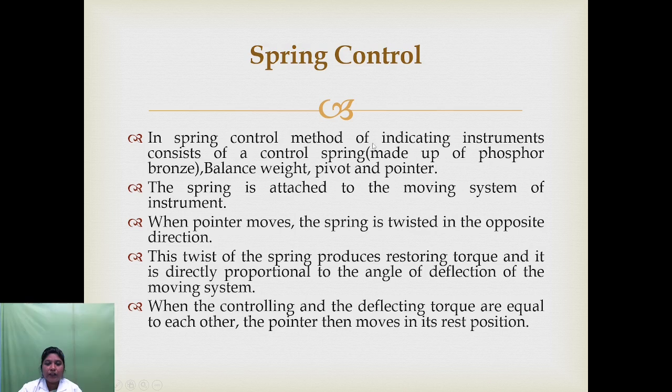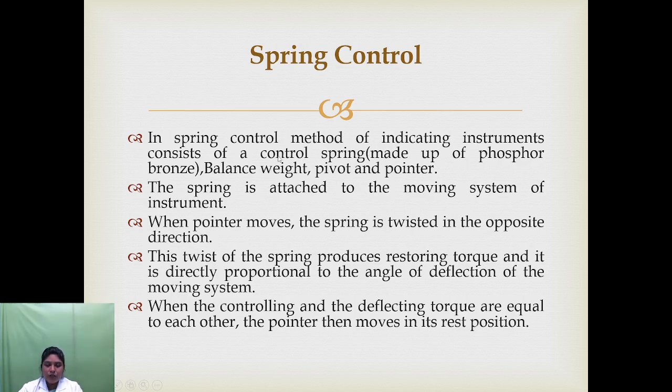In the spring control method of indicating instruments, the spring should have four properties. First, the spring should be non-magnetic. Second, it should be free from mechanical stress.